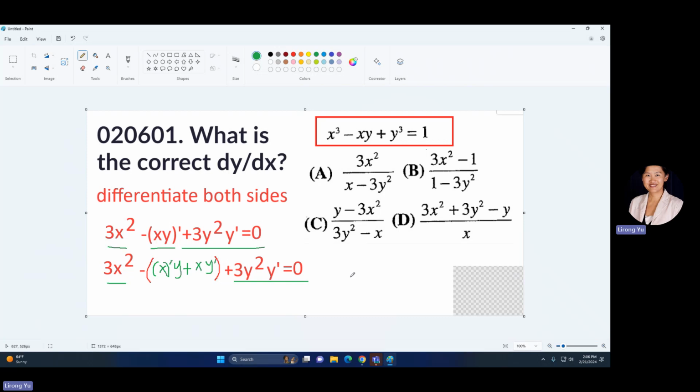But then the derivative of x prime is 1. So this is just 1 times y. 1 times y equals y. So finally, if we combine everything, it looks like 3x squared minus y plus x y prime plus 3y squared y prime equals 0.